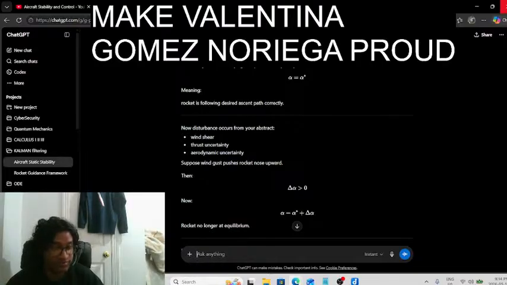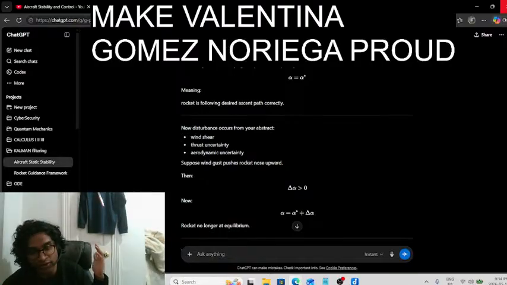So now, because the disturbance increases, the rocket will follow the desired path correctly. Oh, wait, no, the rocket will not. This time it is going to increase because you have wind shear, thrust, and all those uncertainties playing a role.